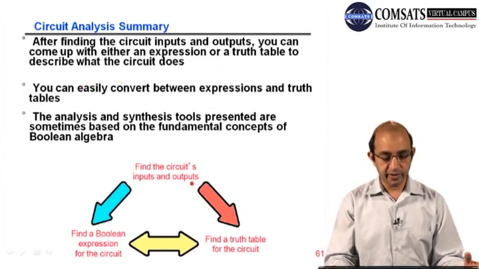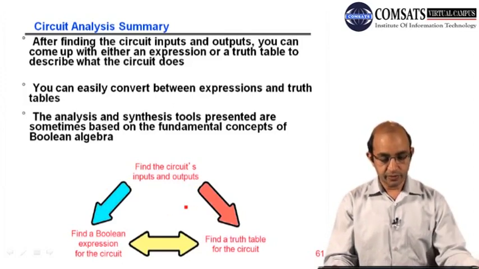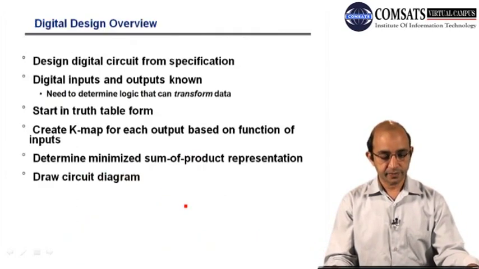First we must know the input and output of the circuitry, and then we can go either way. We can go for the truth table, or we can go for the Boolean expression. We can also use certain tools in order to have the analysis.